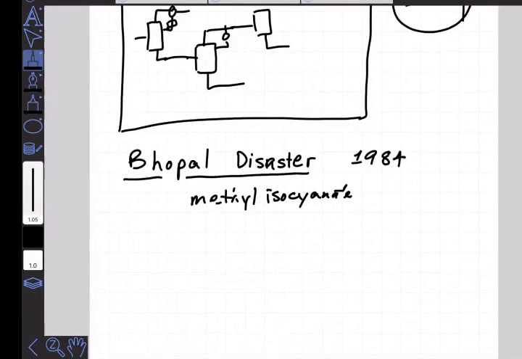There had been a sequence of events of safety failures on the plant, and this methyl isocyanate was released. This big wave of the gas kind of went around and overwhelmed. Something like 2,000 people were killed on the day, and just hundreds of thousands of people were affected.